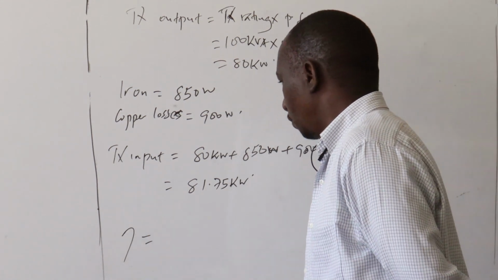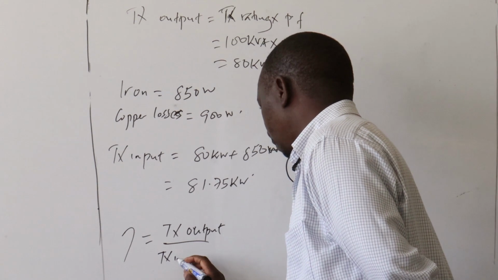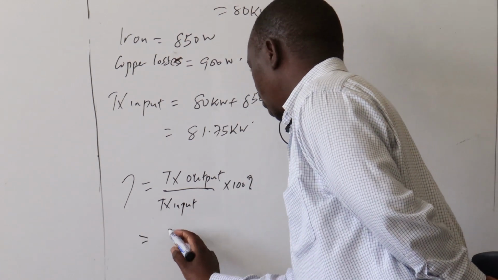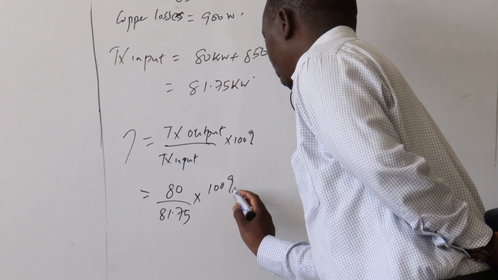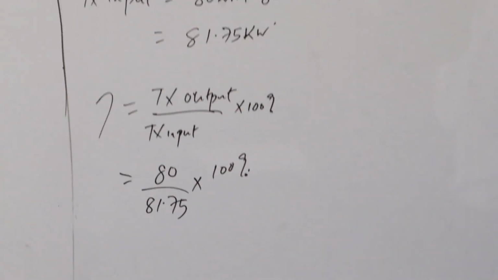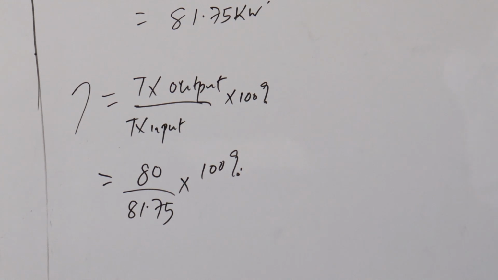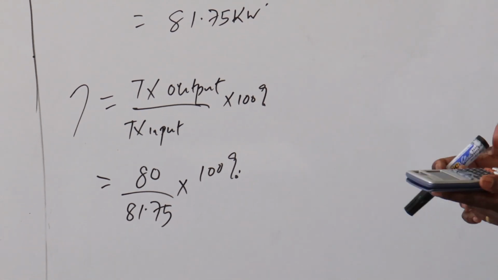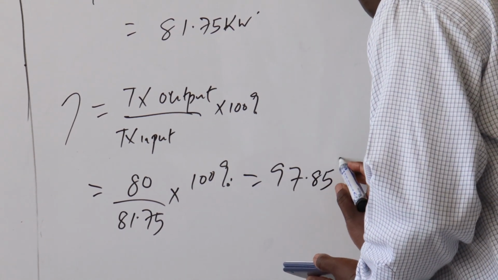So the efficiency is supposed to be transformer output over transformer input times 100%, which implies that you'll have 80 over 81.75 times 100%. This means we shall have 97.85%.